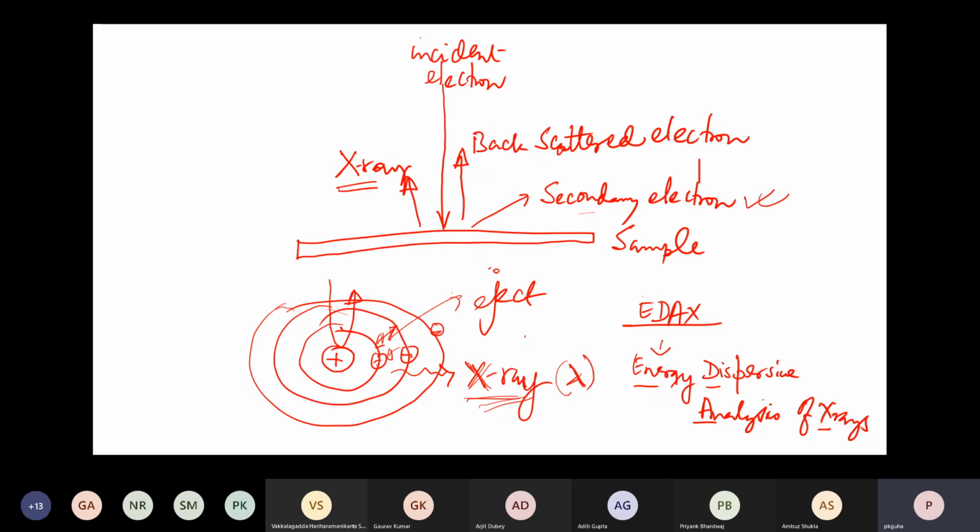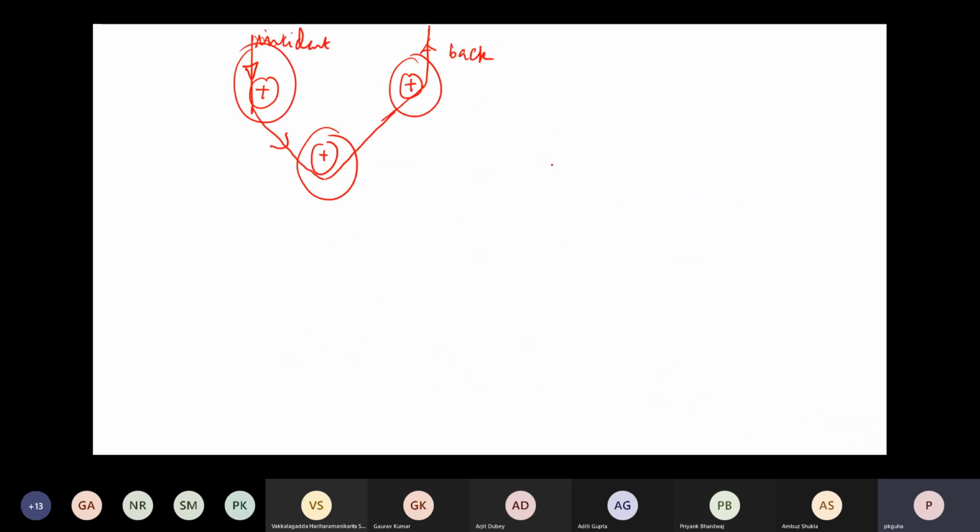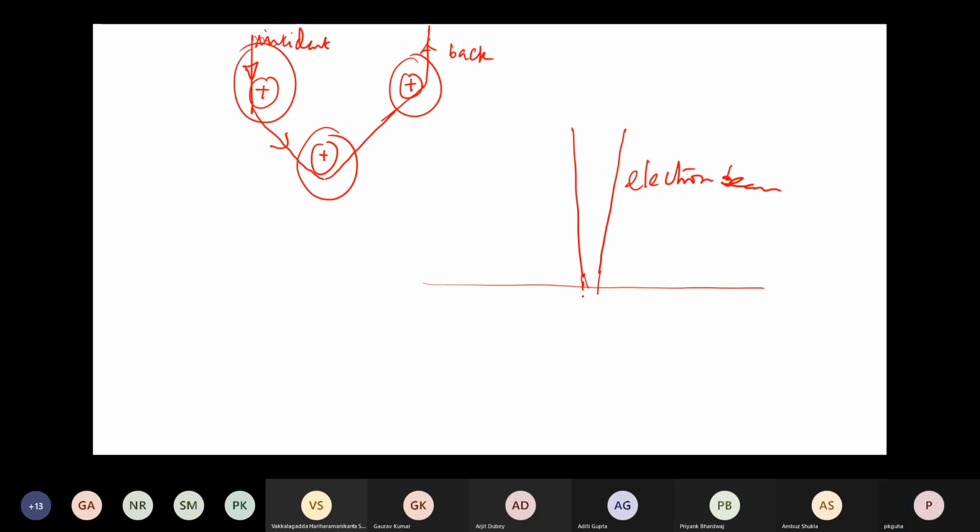There is a thing called interaction volume. What is interaction volume? Say this is my electron beam incident on the sample. This electron beam will interact inside the sample, say in this portion of the sample.